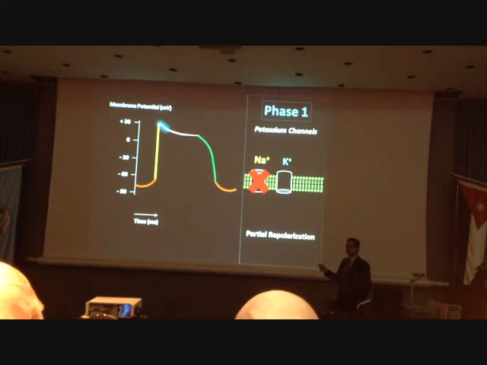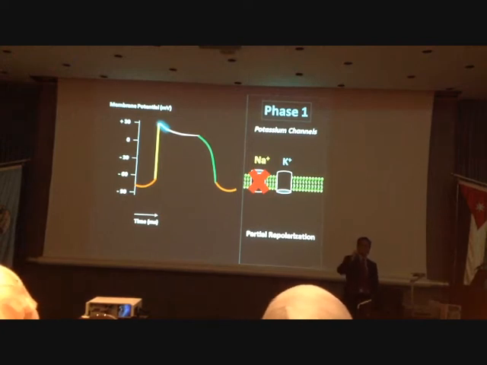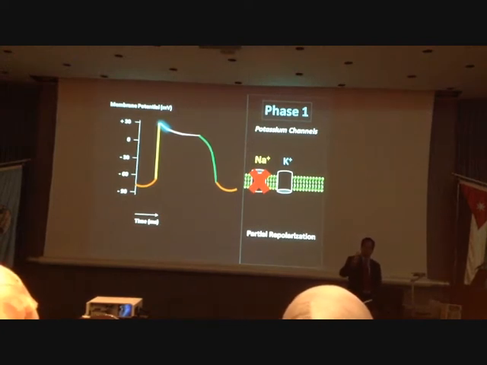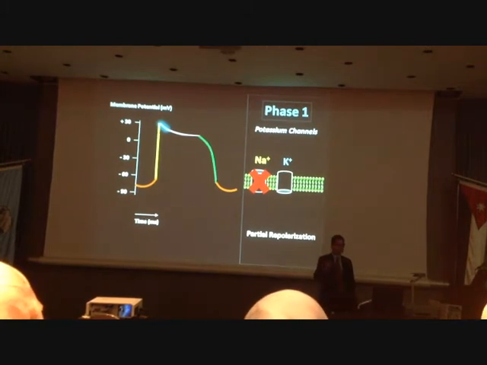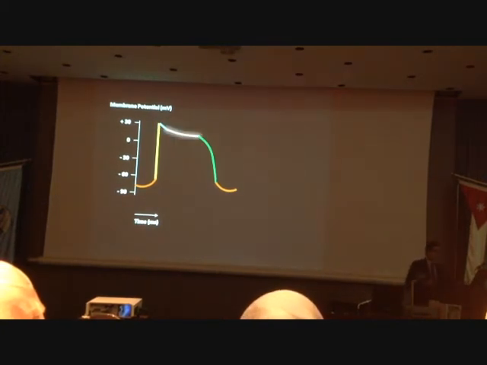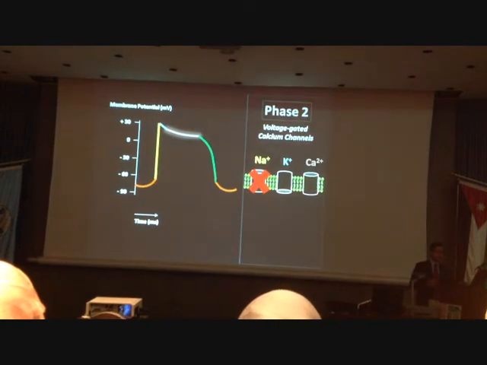This partial repolarization just gets the membrane into a specific potential that's enough to open the calcium channel. That's why we called it voltage gated. It depends on a specific voltage of the membrane, after which it could open and start this process of influx of calcium into the cell.